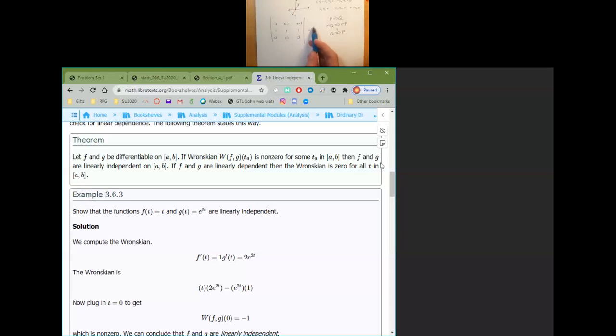So in this case, we come out with this Wronskian equals 0. That's not sufficient to say that these objects are linearly dependent, even though they are, having knowledge of the problem.